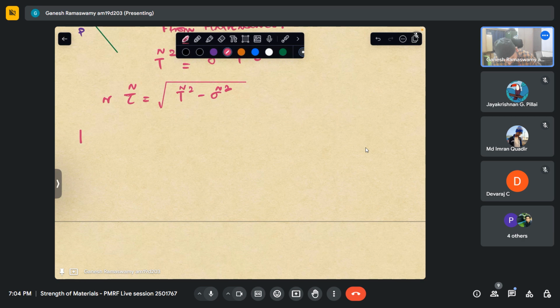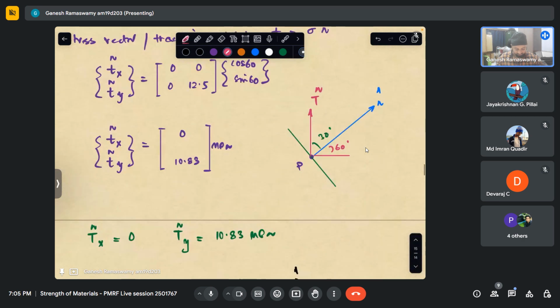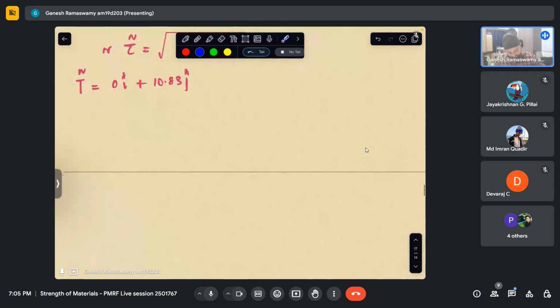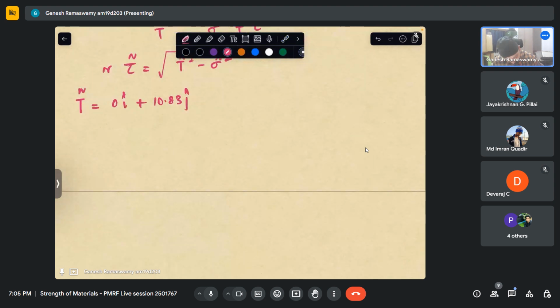We know that Tn is nothing but 0 i cap plus 10.83 j cap, which I had just represented as a vector over here. So the same thing I have written in i and j. So how do we find the magnitude of this? It is nothing but 10.83 MPa.